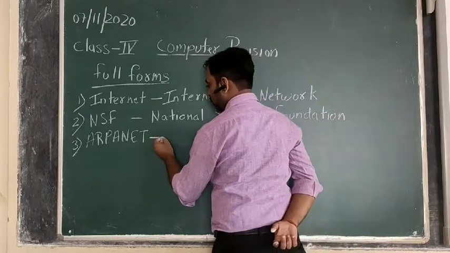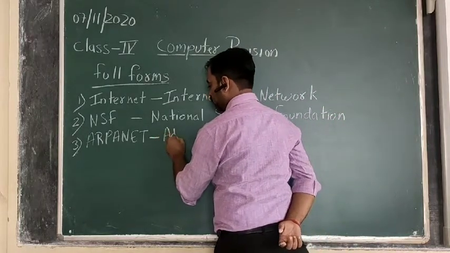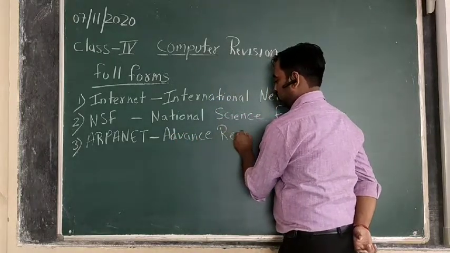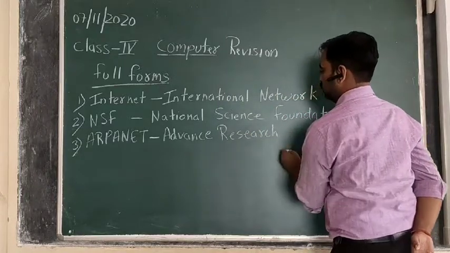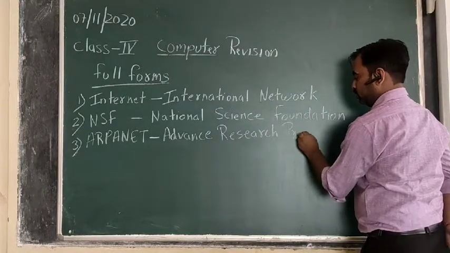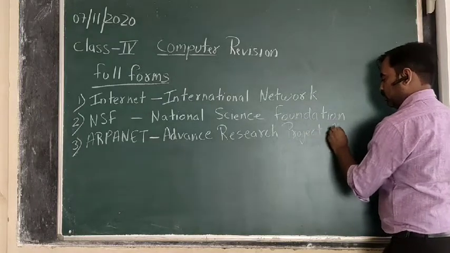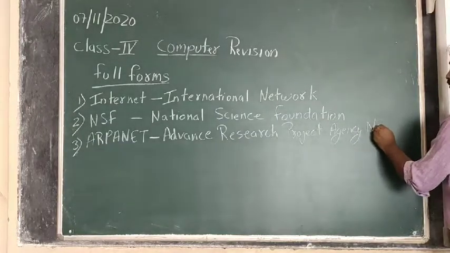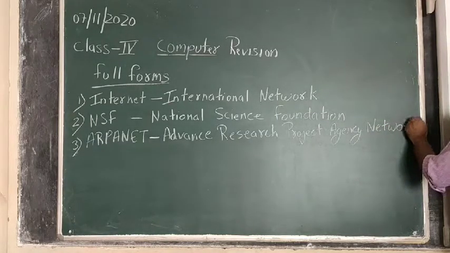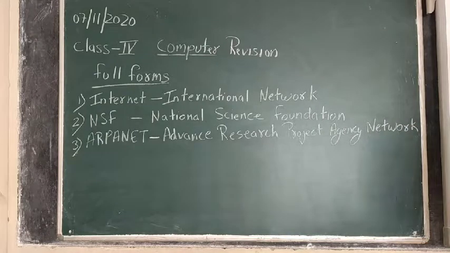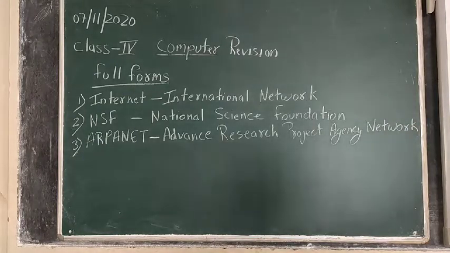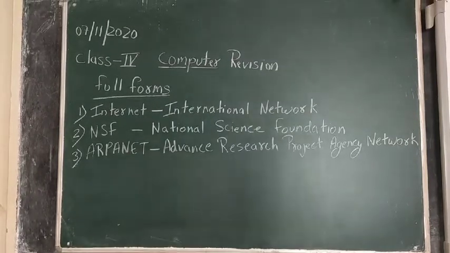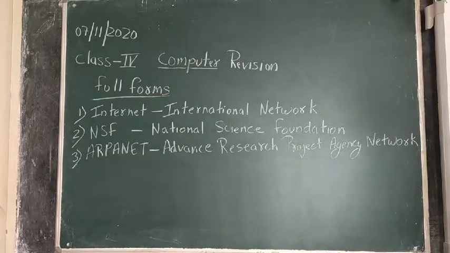The full form of this is Advanced Research Project Agency Network. Okay, this is the full form of ARPANET. It was the first network built by the Ministry of Defense of United States.